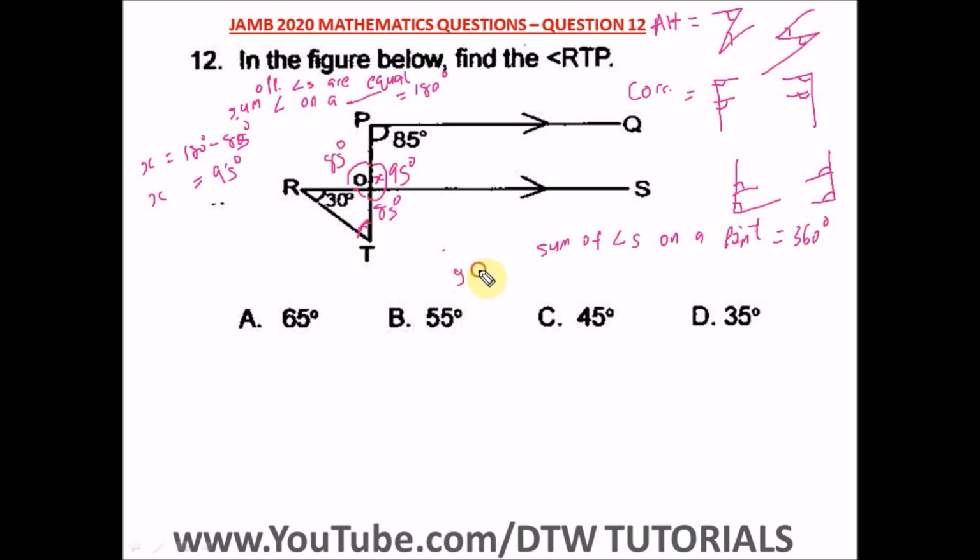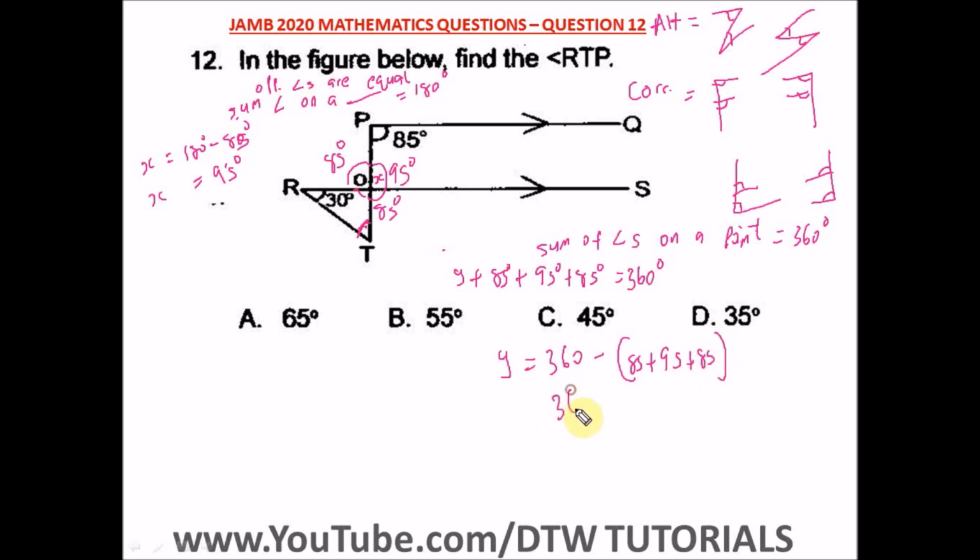So we have y plus 85 plus 95 plus 85 is equal to 360 degrees. So y is equal to 360 minus (85 plus 95 plus 85).